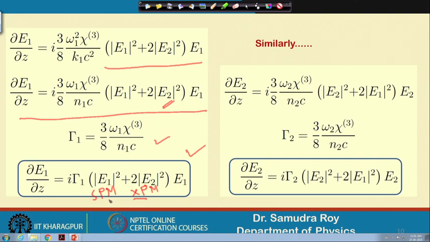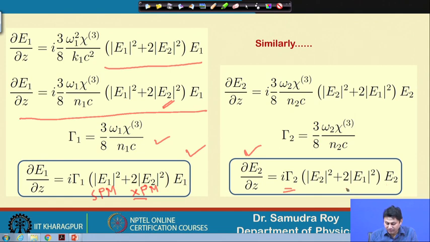Exactly in the same way, one can calculate the self phase modulation for E2 also. So, this is for E1, and another wave is still there, E2. If I write this E2 expression, everything will be the same, only this coefficient will slightly change, because in the coefficient we have omega 1 and n1, now it should be omega 2 and n2 as is written here, and E1 square is replaced by E2 square and E2 is replaced by E1.